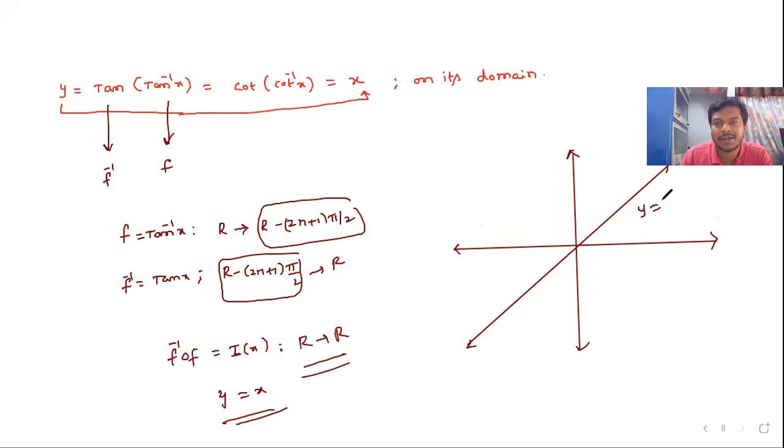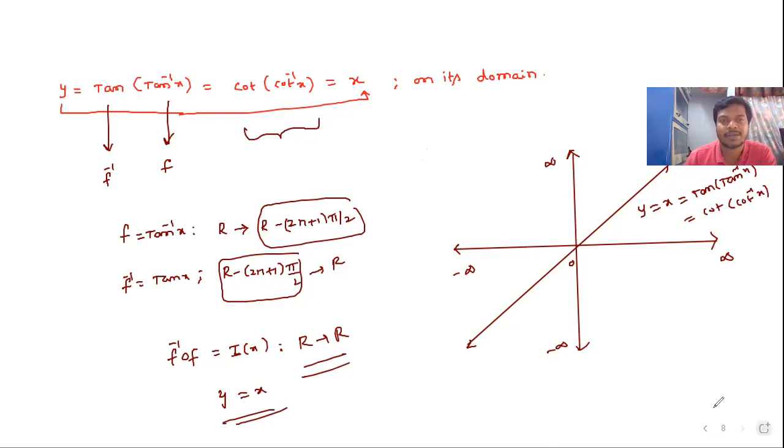This is y equal to x in the interval R from minus infinity to infinity. And it is also the same as tan inverse of x and also cot inverse of x. The same is applicable for cot inverse of x.